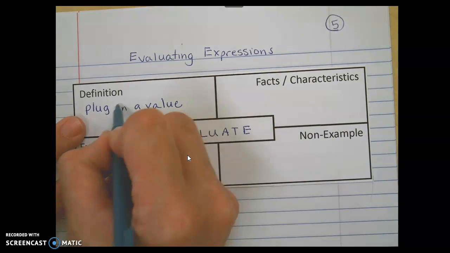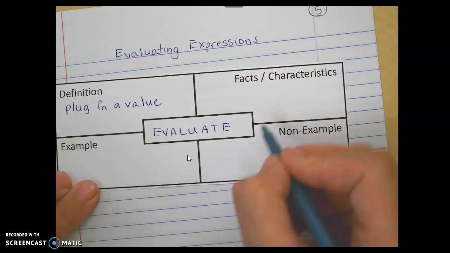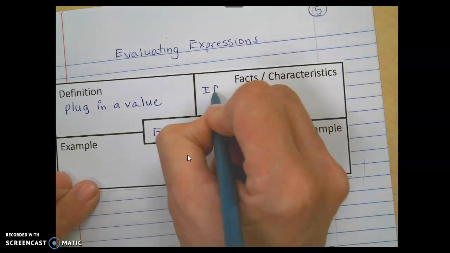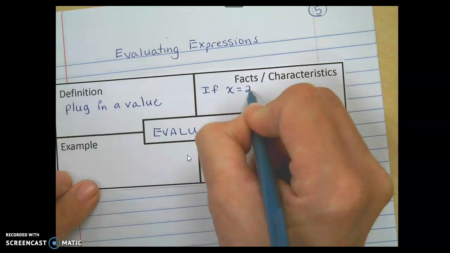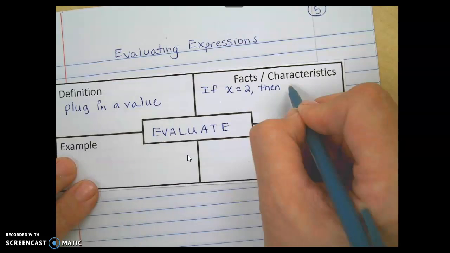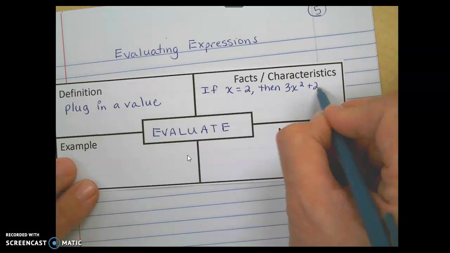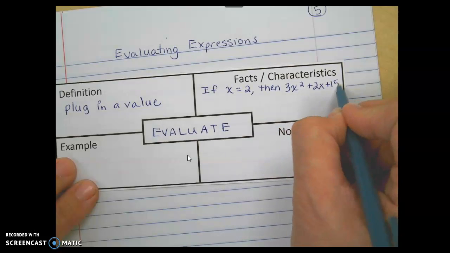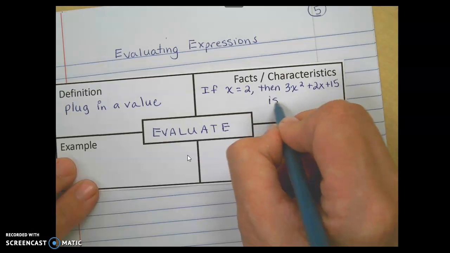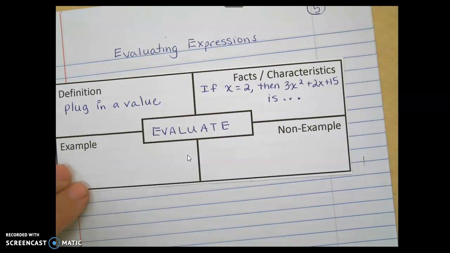Now what this looks like, a characteristic of it, they would say if x equals 2, then, and they're going to give you an expression, 3x squared plus 2x plus 15 is... Okay, so that's the type of problem. They're giving you a value and then you need to put a replacement value in.